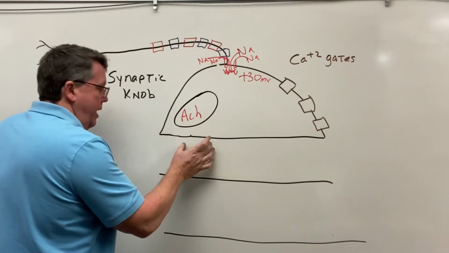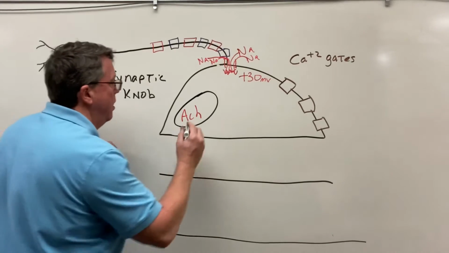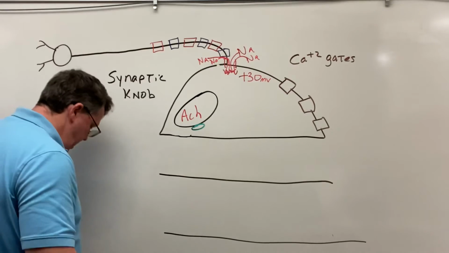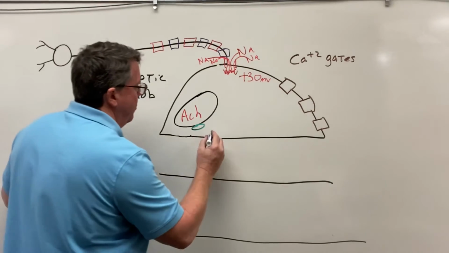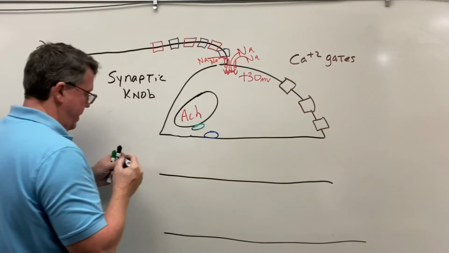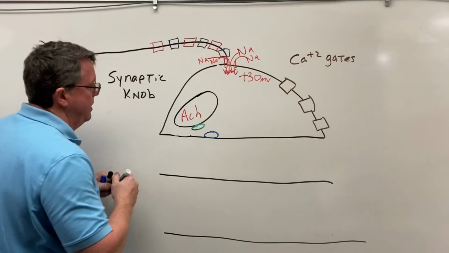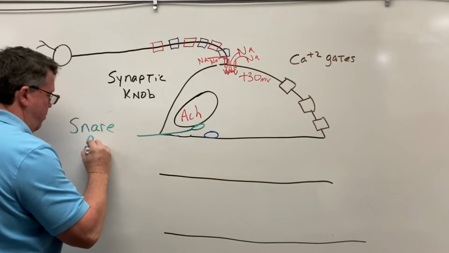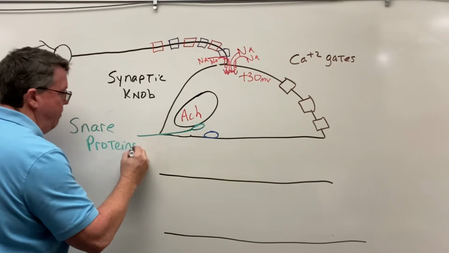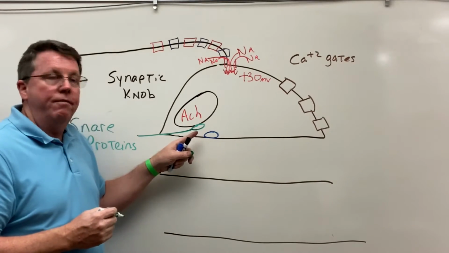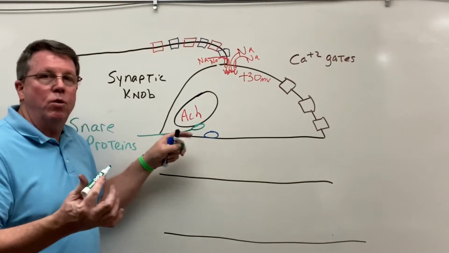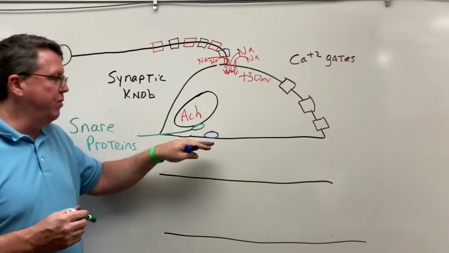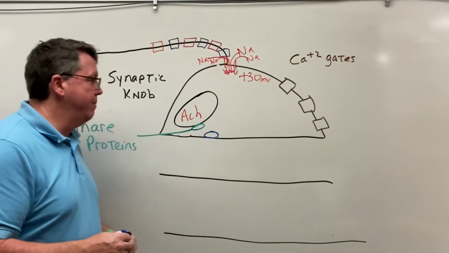On the vesicle and on the membrane, you have proteins. Here's a protein, and here's a protein. These proteins here are called snare proteins. Now, this is actually snare protein V, which you don't need to know, but this is snare protein B because it's on the vesicle. This is snare protein T, I think it's for transmission because it's going to bring something across.